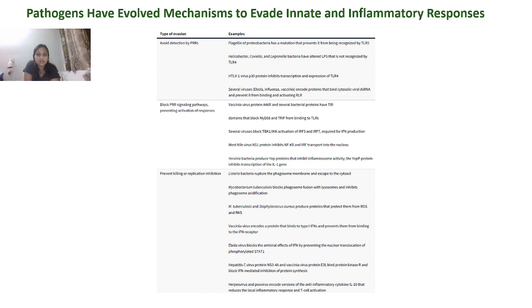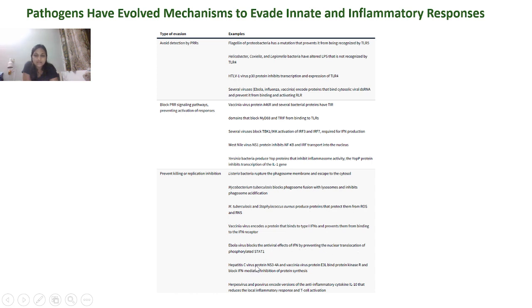Tuberculosis and Staphylococcus aureus also produce proteins that protect them from reactive oxygen and reactive nitrogen species. Vaccinia virus encodes a protein that binds to type 1 interferon and prevents it from binding to the IFN receptor. Ebola virus blocks the antiviral effects of IFN by preventing the nuclear translocation of phosphorylated STAT1.